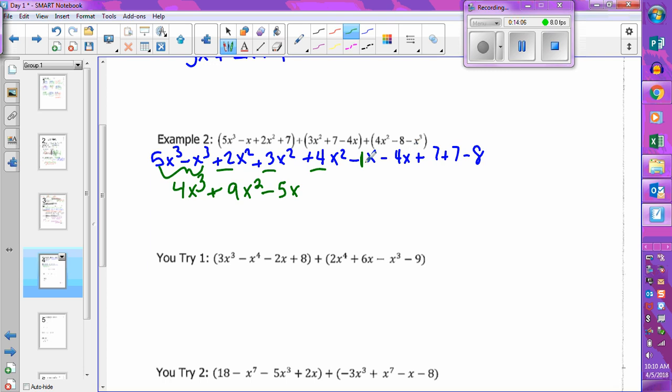All right? So we combine those like terms, but now we have to add a positive 7, another positive 7, and a negative 8. So if you put it in your calculator, you can put 7 plus 7 plus a negative 8, which will give you a positive 6.